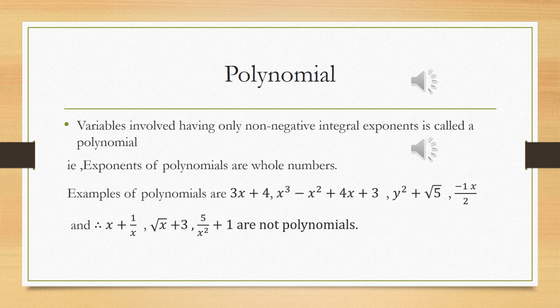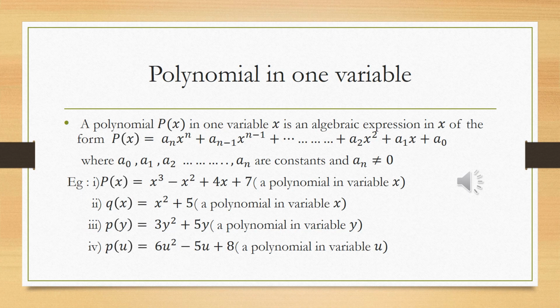So, an expression in which the variables have only non-negative integral exponents is called a polynomial. Or easily we can say the exponents or the powers of the variables in a polynomial should be whole numbers. We can write polynomials with many variables, but in this chapter we concentrate on polynomials in one variable.